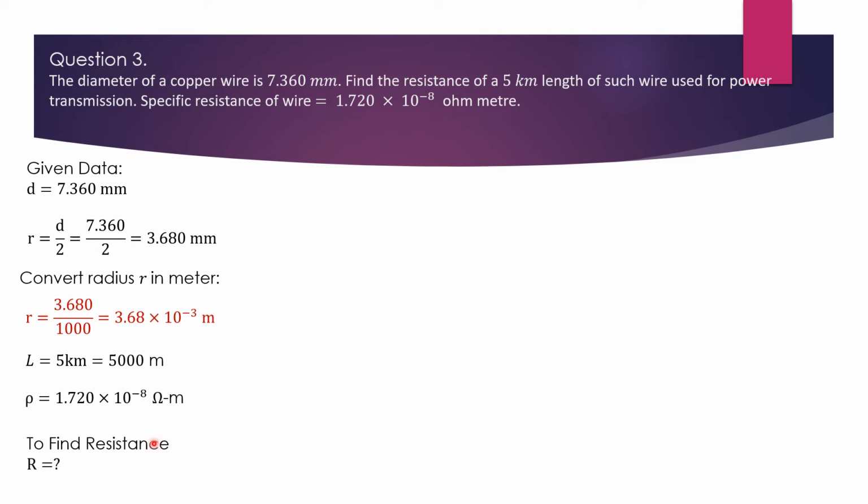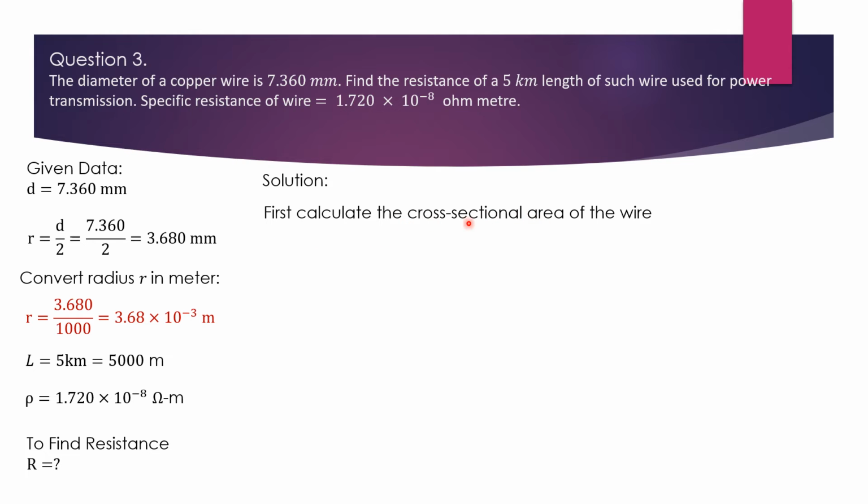Now we need to find the resistance R. The solution for the resistance requires the specific resistance rho, the length 5000 meter, and the cross-sectional area of the wire. First we will calculate the area to be inserted in this formula.